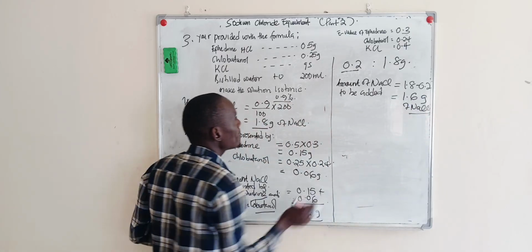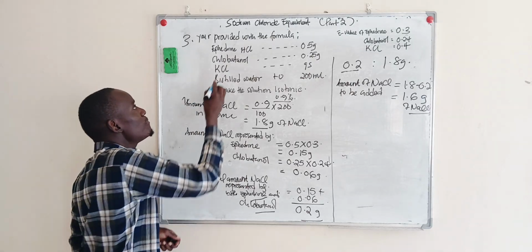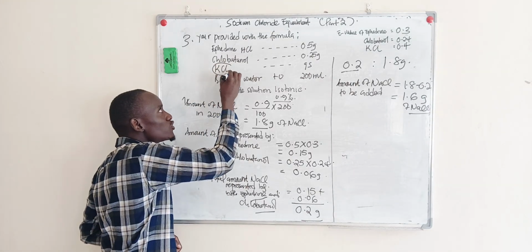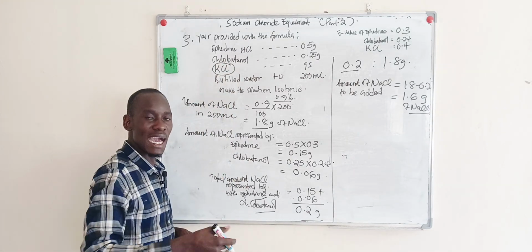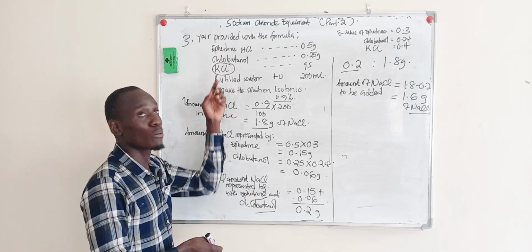But remember, in this case, we have been given potassium chloride to use as the isotonicity modifier.